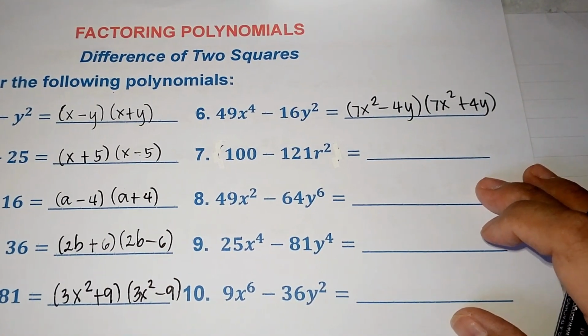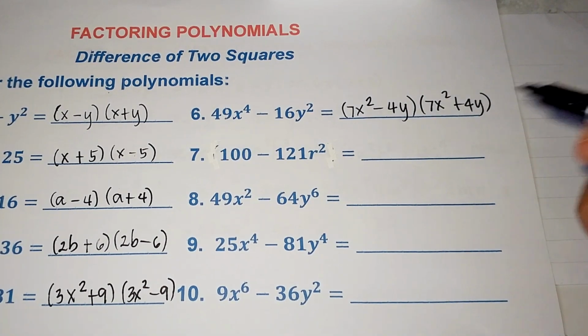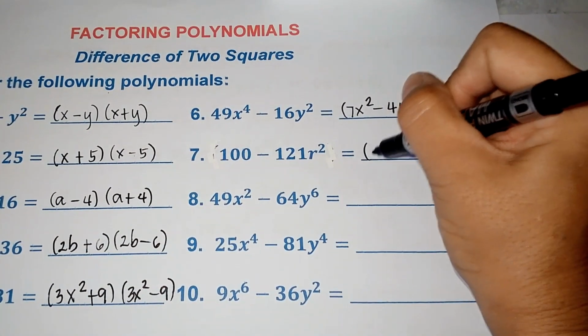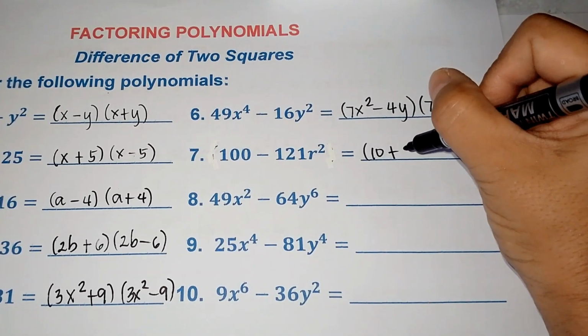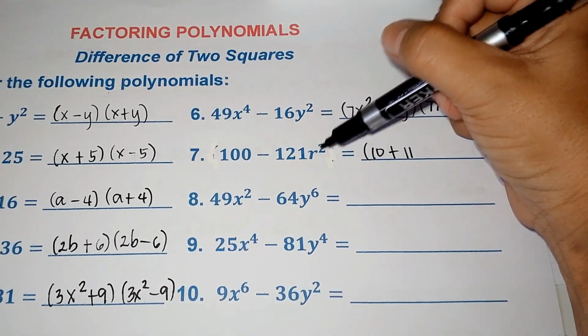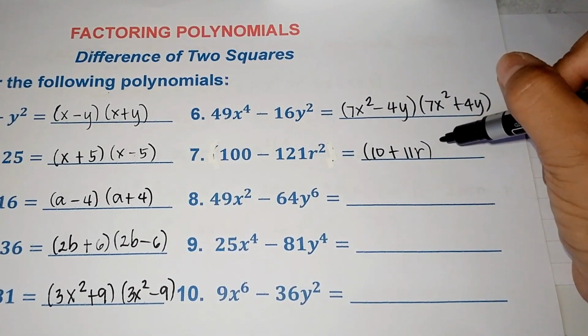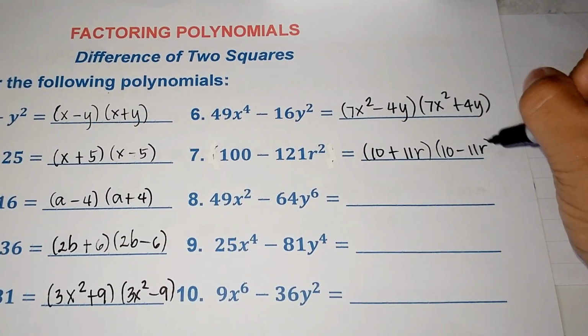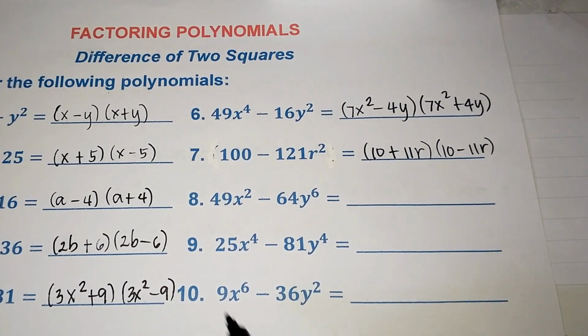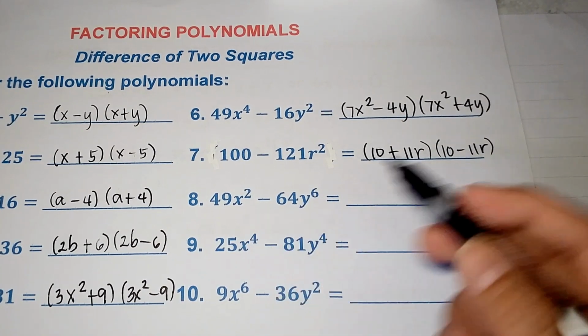That's it. Then number 7, the square root of 100 is 10. Plus, the square root of 121 is 11. The square root of r squared is r, so 10 minus 11r. Number 8, 49x squared.